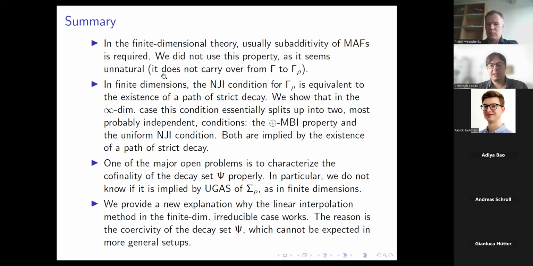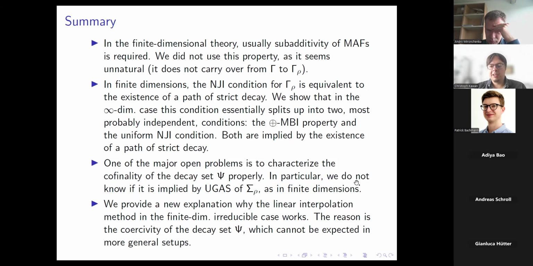About the next thing, I won't say anything because I didn't show you the slides that you need to understand this. Then the third comment, well, one of the major open problems is to characterize the cofinality of the decay set psi properly.